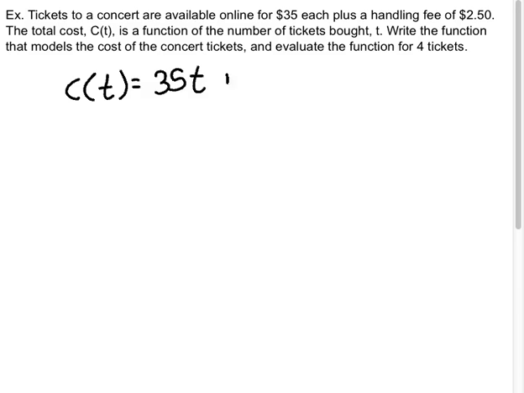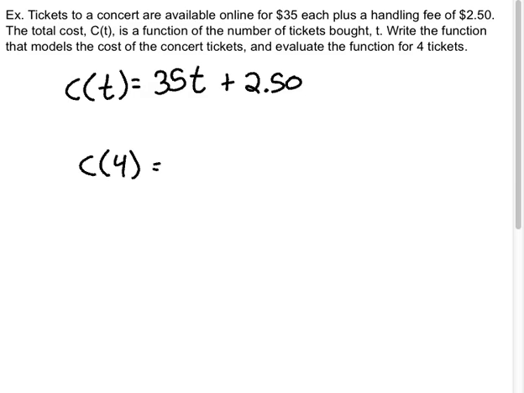And then usually you have this handling fee. This cost that you just have to pay because you're ordering the tickets. It's a one-time fee that has nothing to do with how many you're buying, it's just there. So that is what I can use as a function to model this situation: 35t plus 2.50. Now they want us to evaluate for 4. How much are we spending?